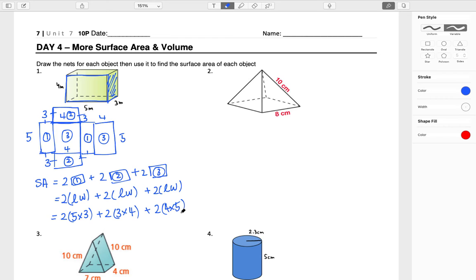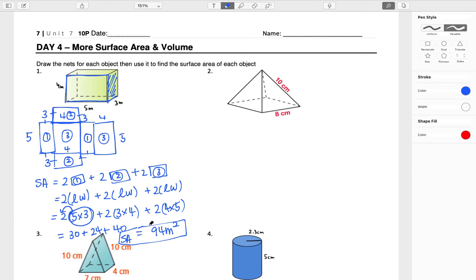So you're going to do 5 times 3 and then multiply that by 2. So it's going to give me 30 plus 24 plus 40. And in total, my surface area is 94 meters squared.